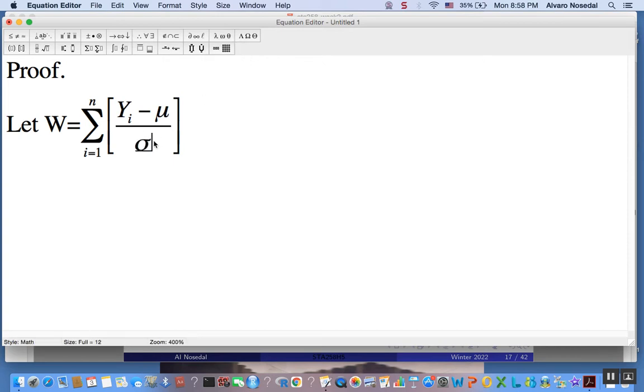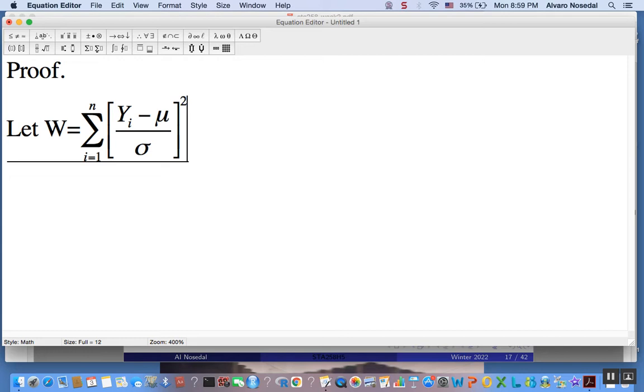Can you see that basically what we're doing there is standardizing the yi's? Because we know that the yi's have a normal distribution with mean mu and variance sigma squared, so these guys are standard normals. In another video, we have already shown that if you have a standard normal and you square it, you end up with a chi-square with 1 degree of freedom.